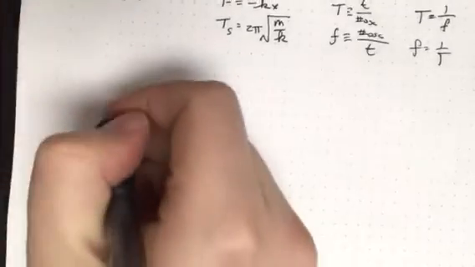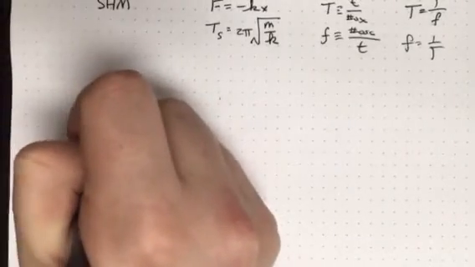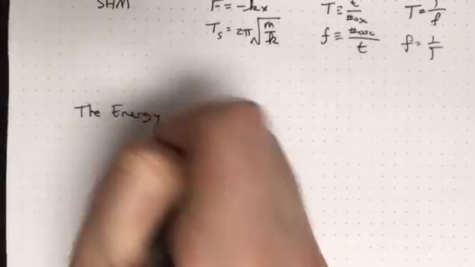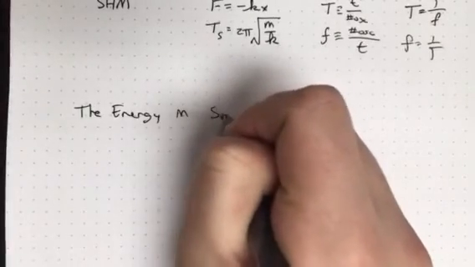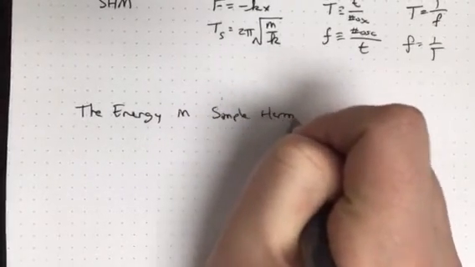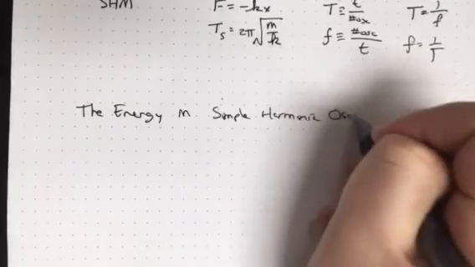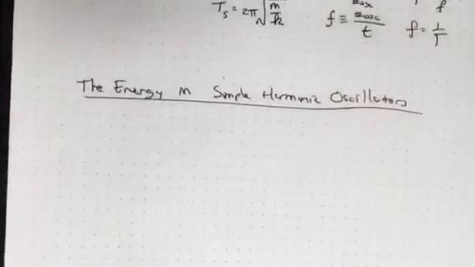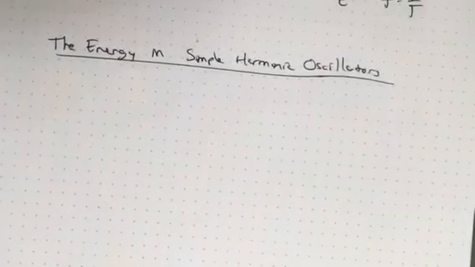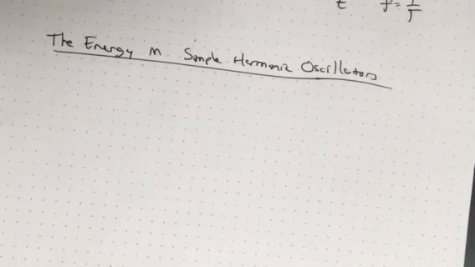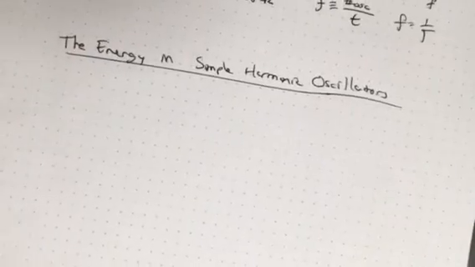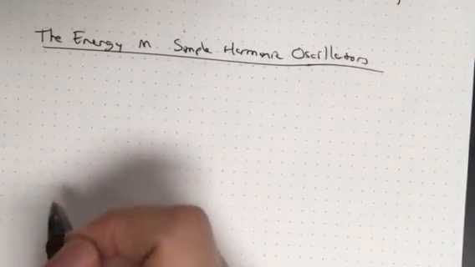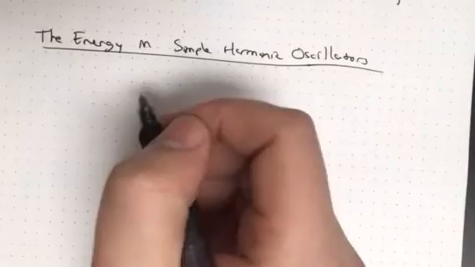Today I want to talk about the energy. So the energy in simple harmonic oscillators. All right, so we can already do this, right? If you remember, we've already discussed way back in the energy unit, we know what the potential energy of a spring is.